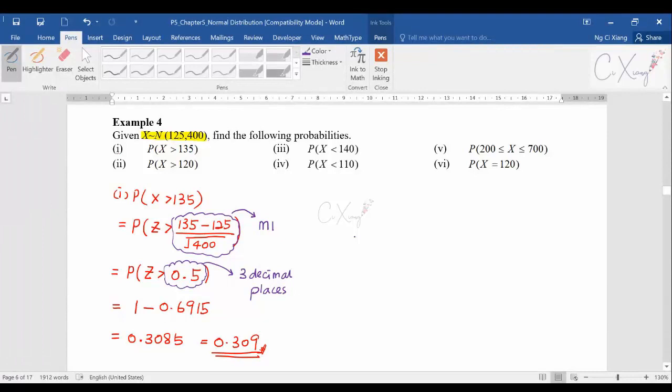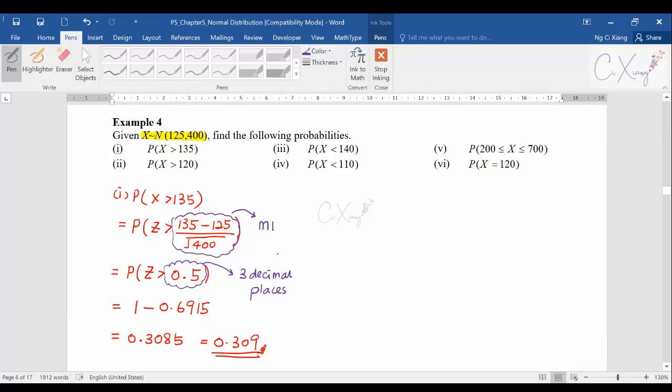Don't just use 0.3 or 0.33. You must go up to 3 decimal places, because from our table we can find values up to 3 decimal places. This is another small thing that you need to know, because 0.3, 0.33 and 0.333 give different answers.